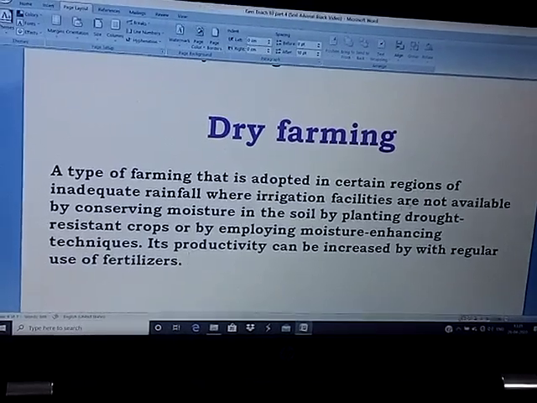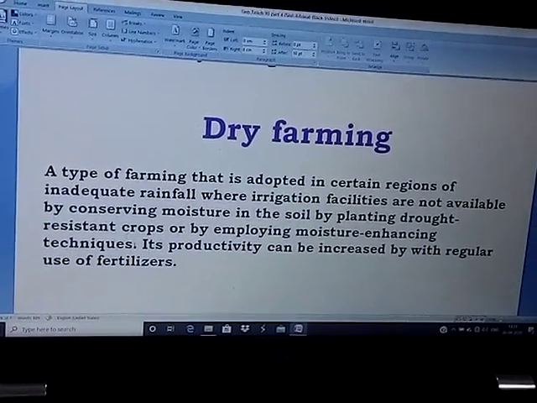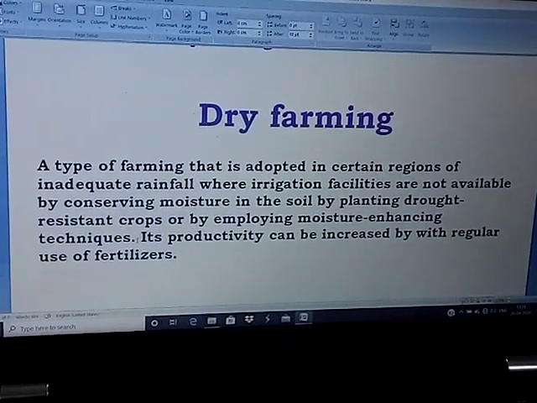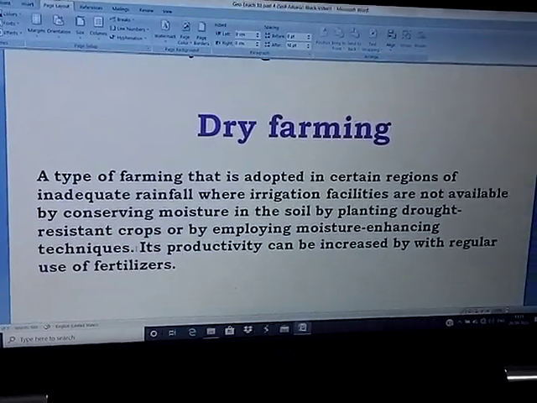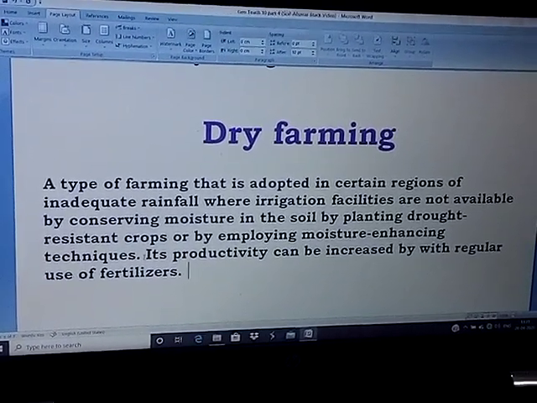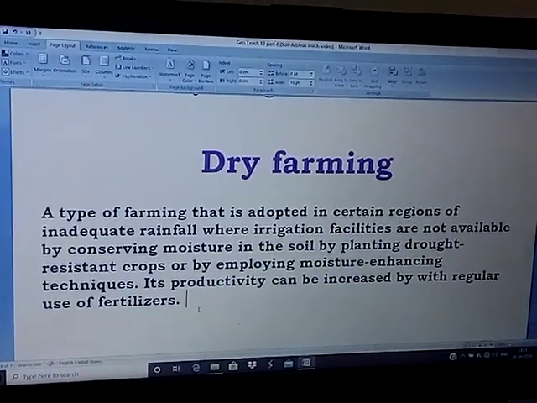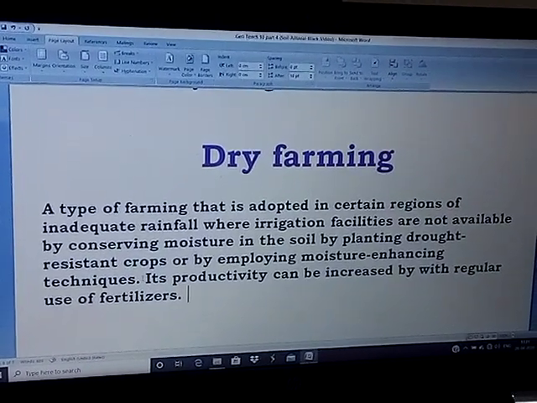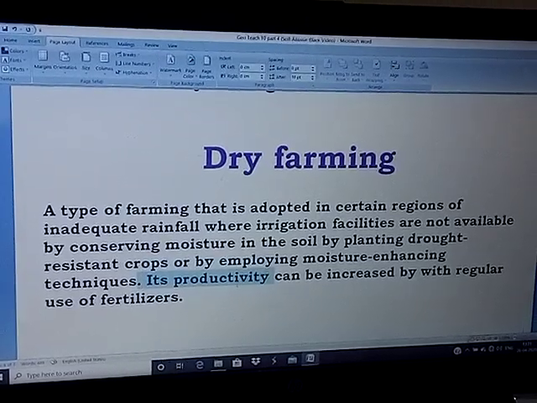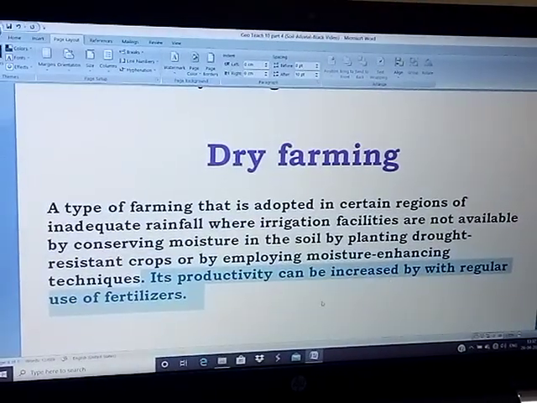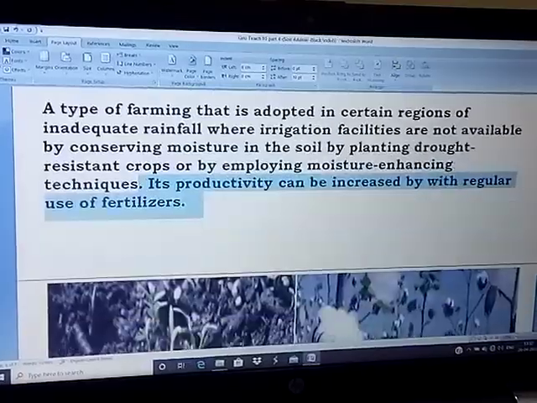Or by employing moisture enhancing techniques. That means although there is less rainfall and irrigation is not possible, moisture enhancing techniques are used there. In that way, dry farming is possible. Of course, in black soil, the productivity can be increased by regular use of fertilizers.